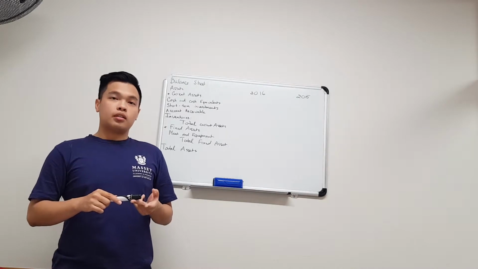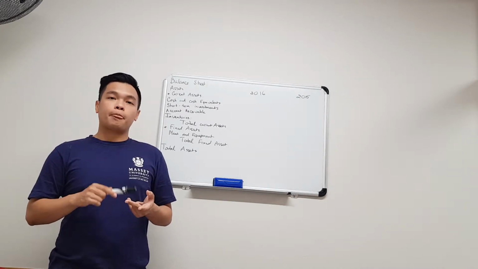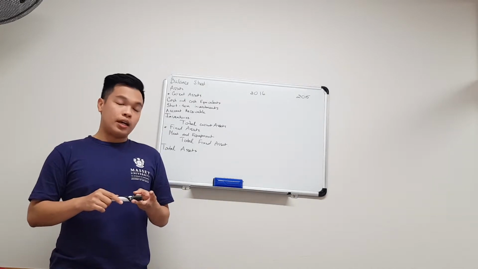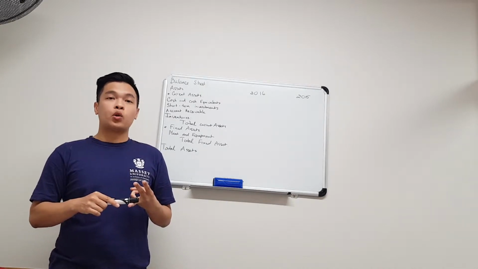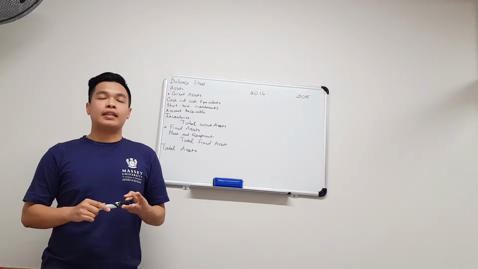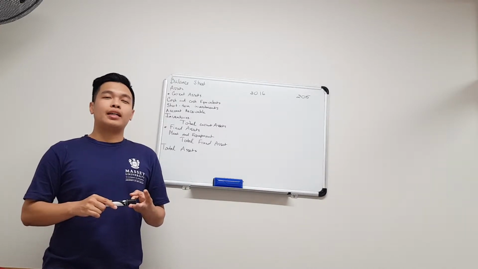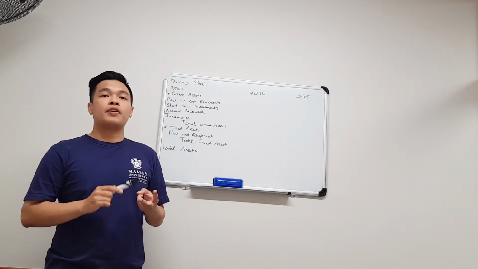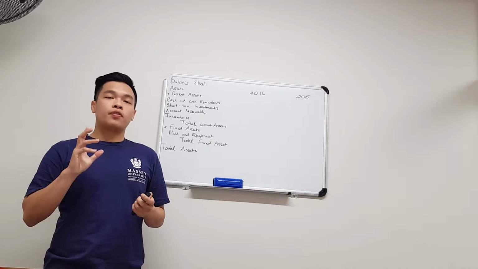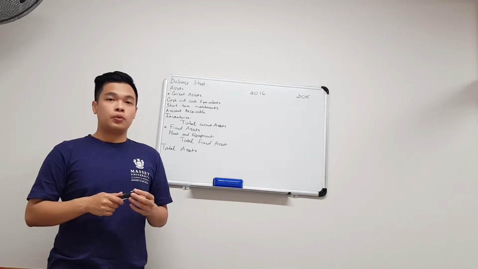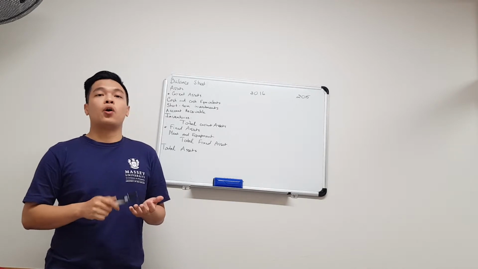The second one is the income statement, and we have the statement of cash flow. And the last one is the statement of free cash flow, all the free cash flow available for distribution to investors or stakeholders.